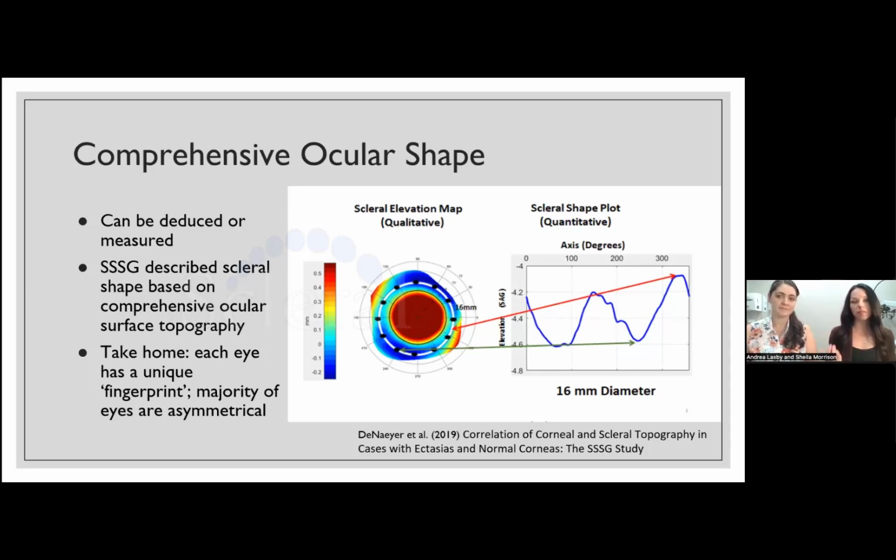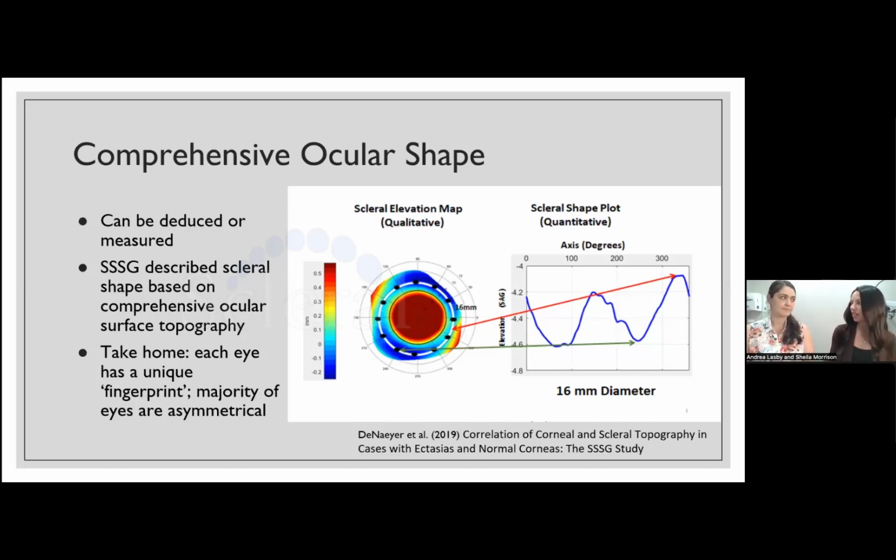Now, using some of these tools, groups like the Scleral Shape Study Group have put out literature to describe larger groups of people and what their eye shape is, looking at what the norms could be. And of course, we need way more data globally on what average ocular shape is. But one take-home of some of these studies using this tech to really measure is that most eyes do have their own unique fingerprint.